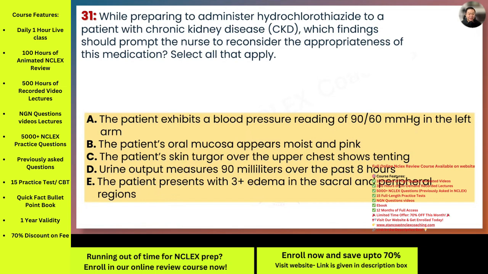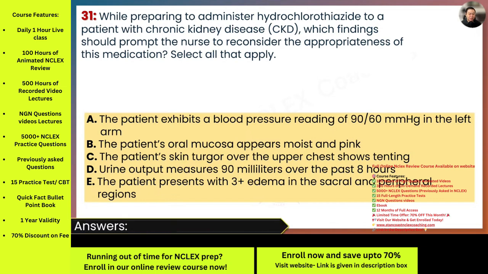We have a select all that apply question. The answers are options A and C. Why is A correct? Well, look into the blood pressure in A, 90/60 in the left arm. We know that hydrochlorothiazide is a diuretic. It will remove excess fluid from the body, which can cause hypotension.